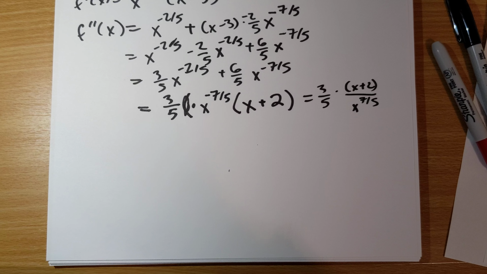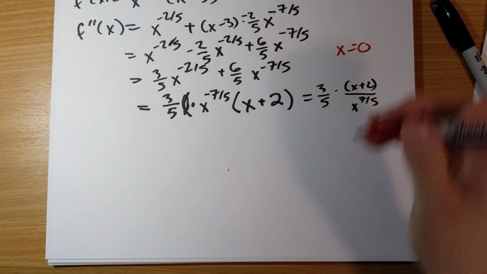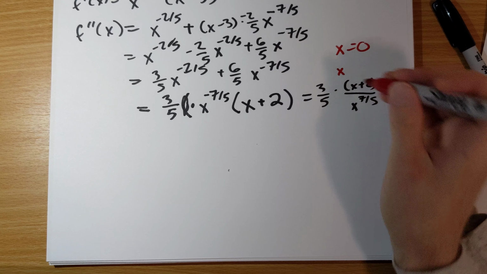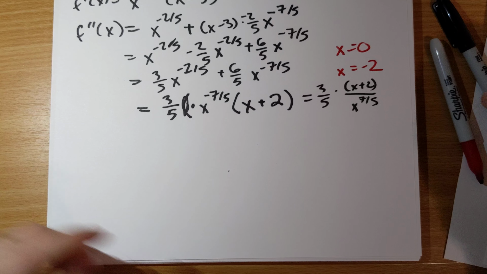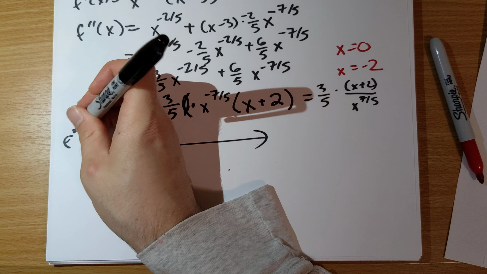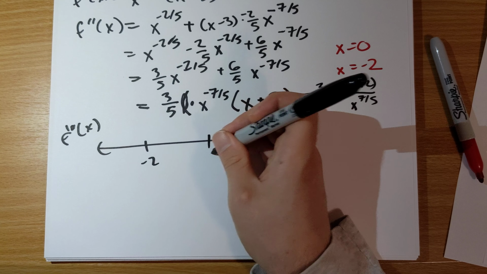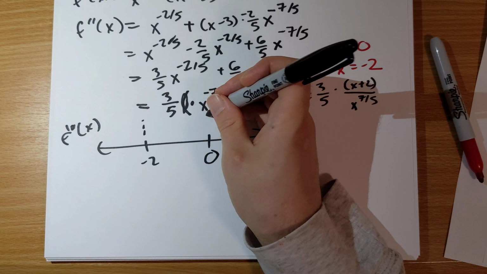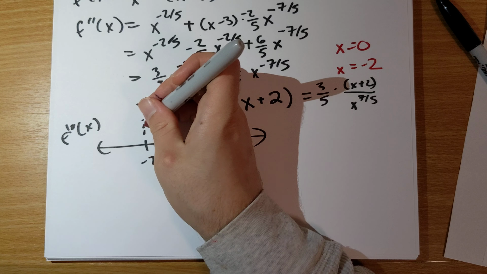Once again, we see there's trouble spots at x is equal to 0. We still can't divide by 0. And now, for the numerator equaling 0, x is equal to negative 2.